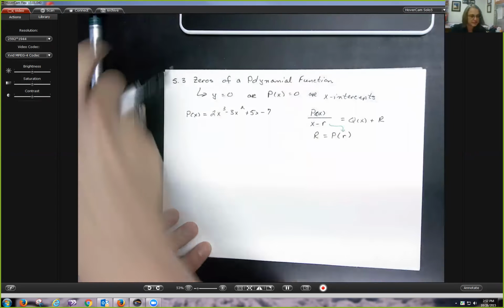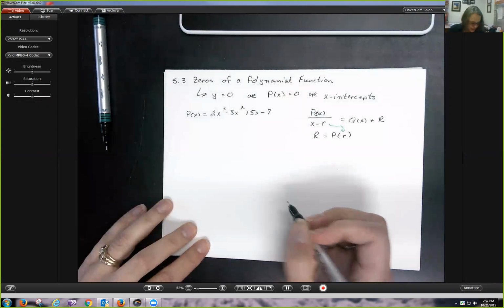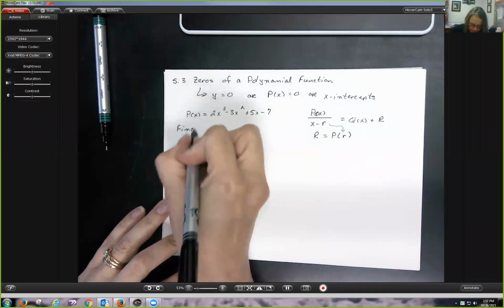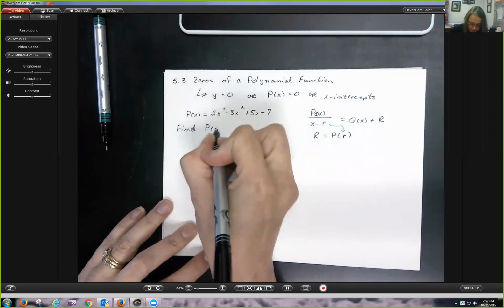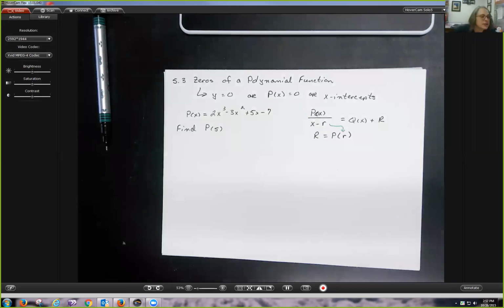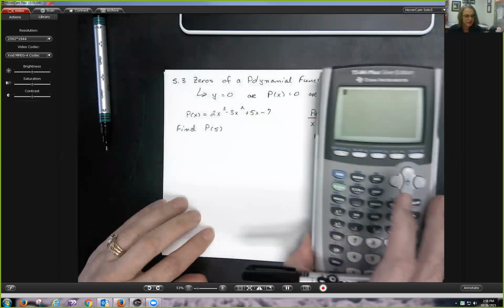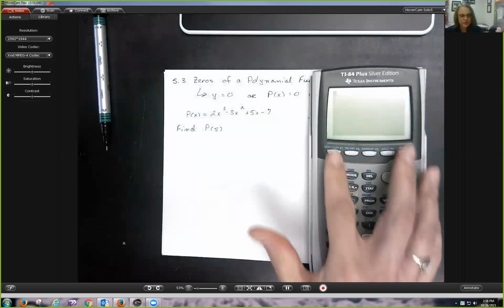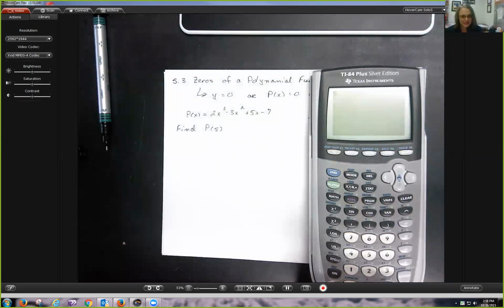So, for example, suppose I want to find P of 5 for this function. I'm going to show you a couple of ways to do that. One way is we could use our calculator, and I'm going to show you how to do this fairly quickly. We're going to put this function into our calculator.